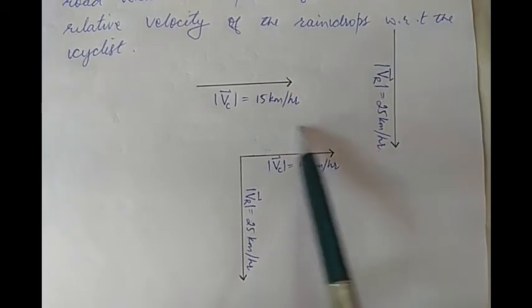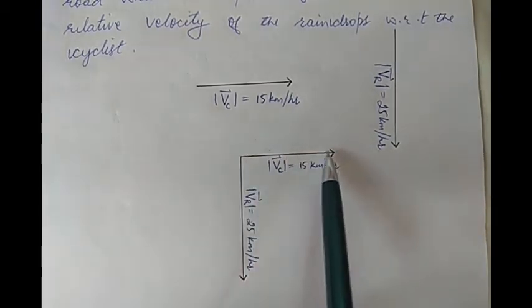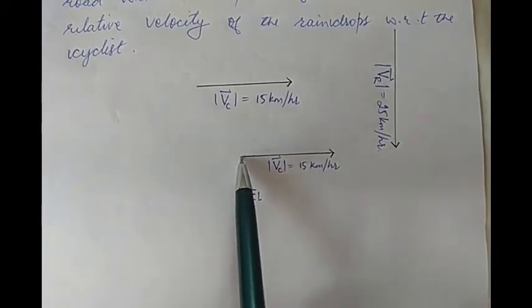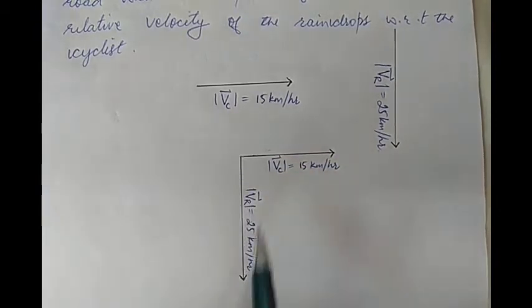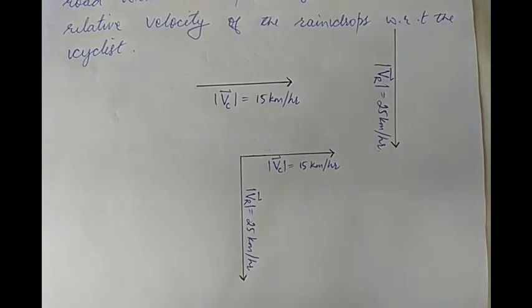Okay, you can straight away jump to this scenario. This is the cyclist moving along the horizontal, its velocity, and this is the raindrops falling. So you arrange these two vectors in such a way that they always start from the same point. So straight away, like I said, you can jump to this picture.